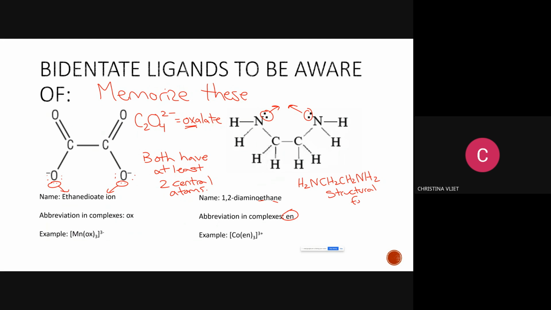Do they ever have us draw 1,2-diaminoethane? That would not be the standard, but they expect you to recognize it. You'll see when you get to lesson 5 how they expect you to draw a little bit more, because you are going to have to do 3-dimensional drawing.